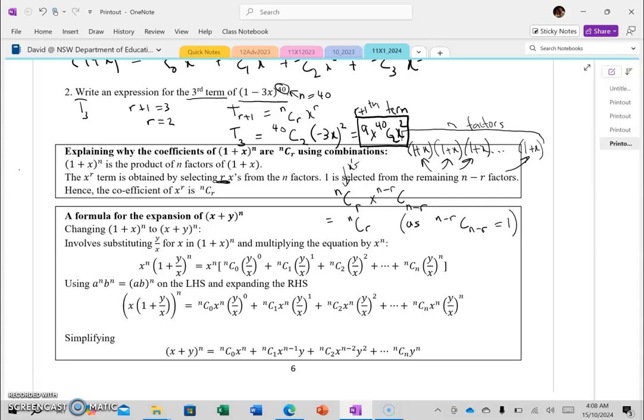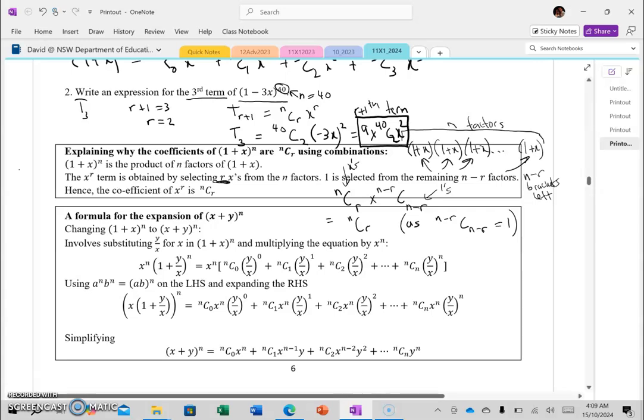Now, we also select, after we've selected r of these brackets, convince yourself that r of these brackets are gone, you would have n minus r brackets left. And from each of those n minus r brackets left, we're going to fill those selections with the remaining ones. So from the n minus r brackets left, we're going to select n minus r ones.